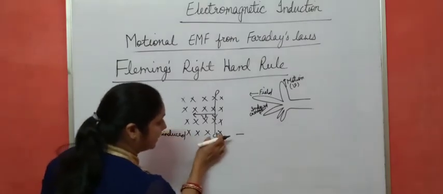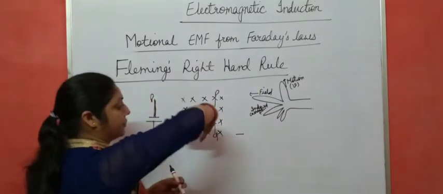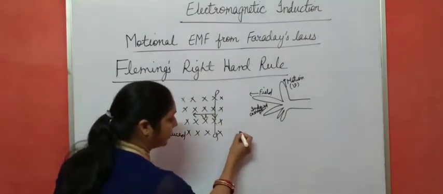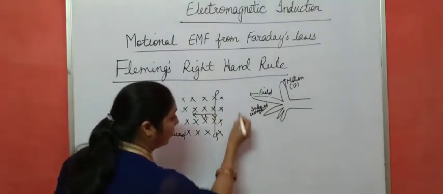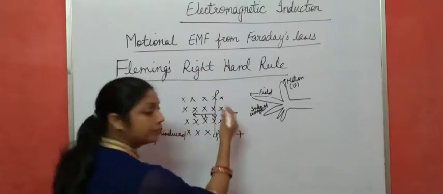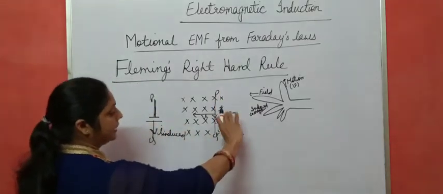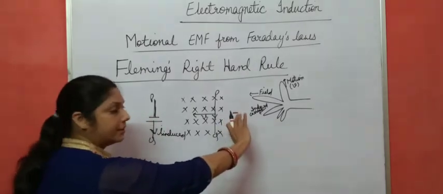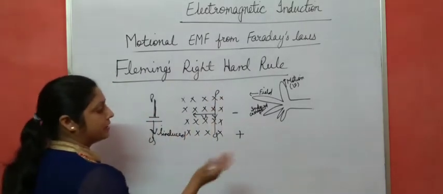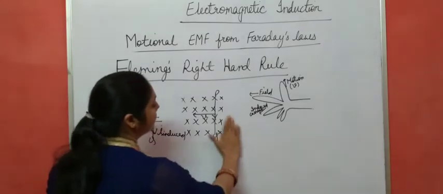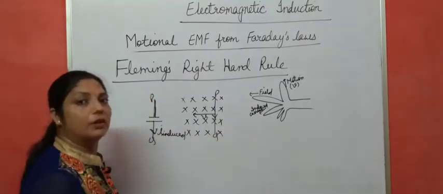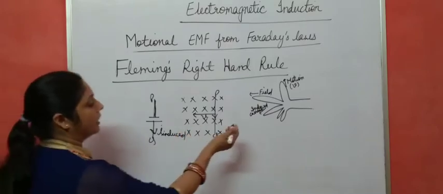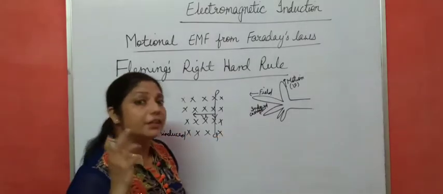All positive charge is collected at this point because force is in this direction. This is explained by Lorentz force. All negative charge is collected at the opposite side, and this creates a potential difference and hence EMF is induced across these ends. That is explained by using Lorentz force.